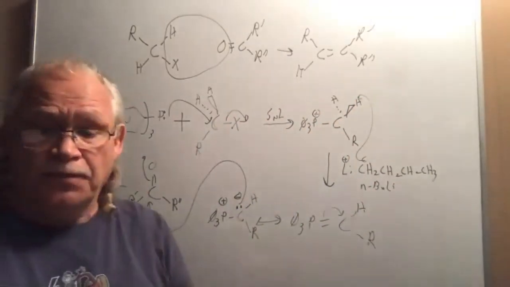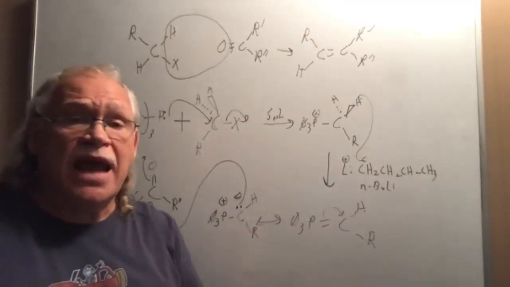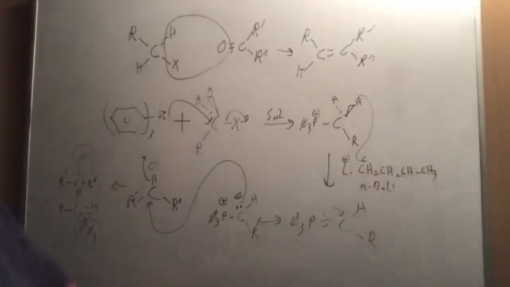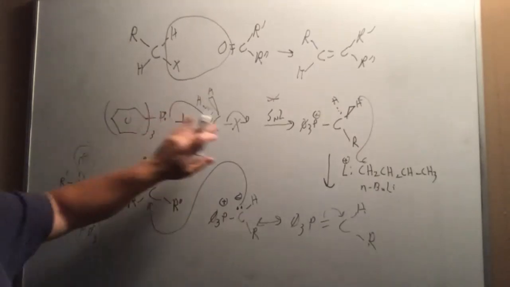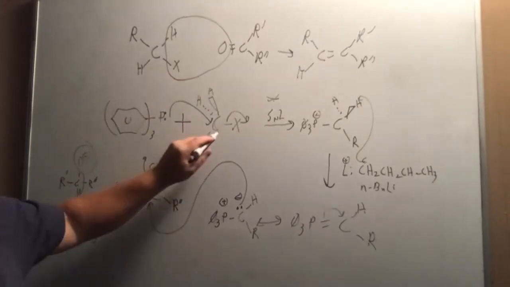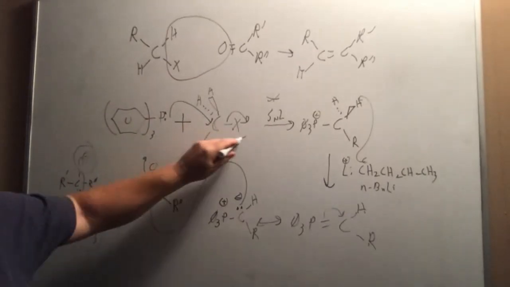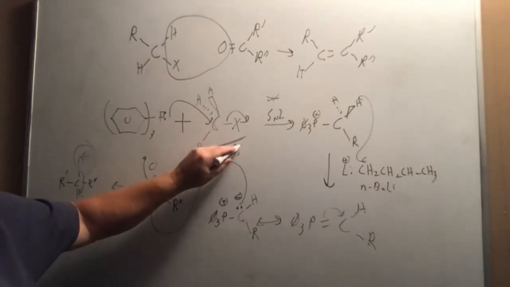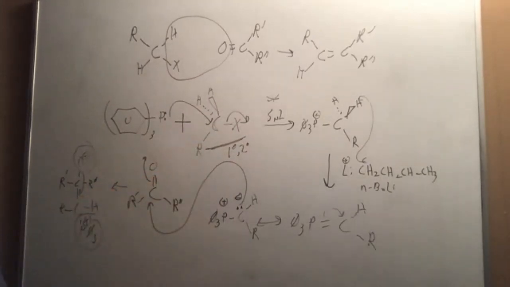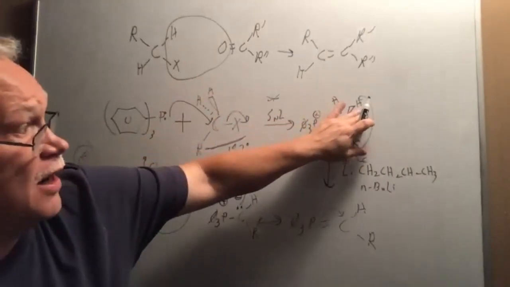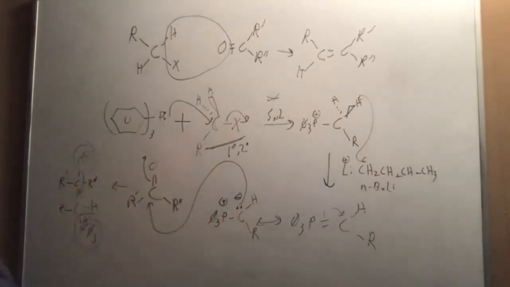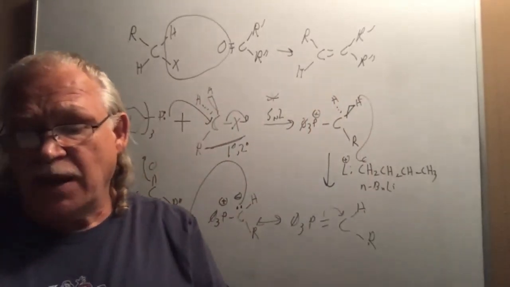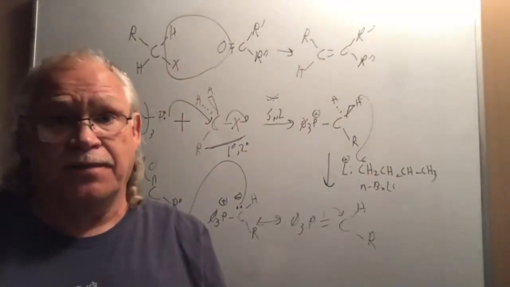Now, the key step in this reaction, and this is what you have to realize, is the SN2 step. For this reaction to occur, this must backside attack here, which means the alkyl halide has to be either primary or secondary, and it has to have a hydrogen on it over here that can be lost. So the alkyl halide that you start with has to be primary or secondary.